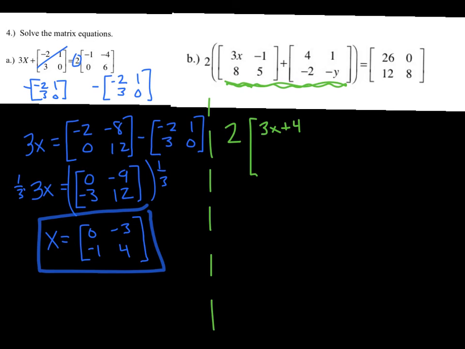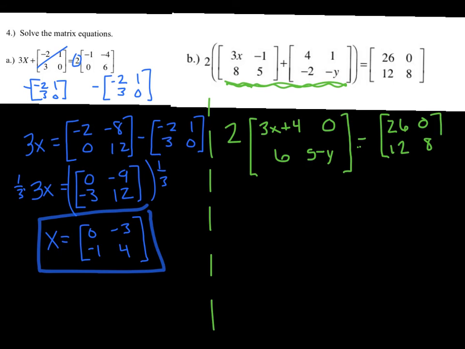All right, and then negative 1 plus 1 is 0. 8 plus negative 2 is 6. 5 plus negative y is 5 minus y. So that's your matrix on the left, still with that 2 out in front, equals the matrix that we still have on the right, which is 26, 0, 12, and 8.